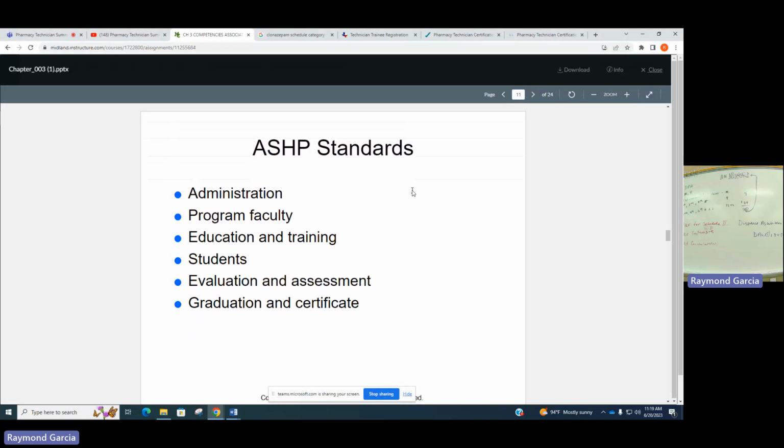I'm gonna start on page 70 actually, where it says national certification for technicians. It should be the goal of every pharmacy technician student to become nationally certified. Certification means that you have passed a national examination demonstrating your knowledge of the skills needed to enter the pharmacy technician profession.